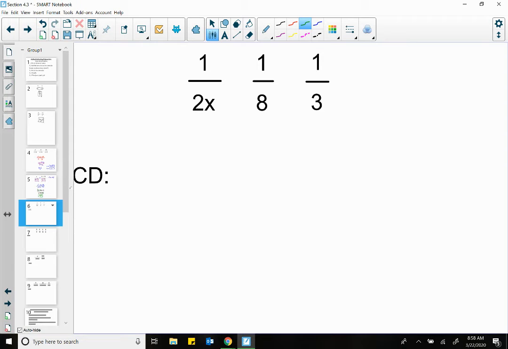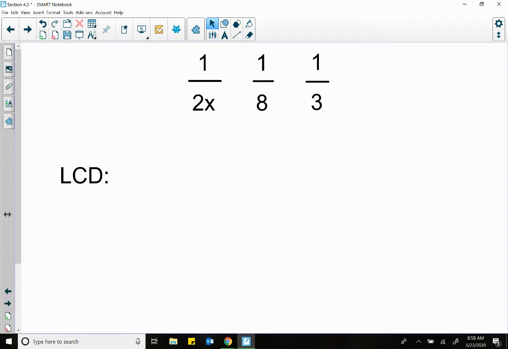I believe I have 4 of them here. Yep, 1, 2, 3, 4. I've got 4 problems where I want to work on finding the least common denominator, because now that we're dealing with polynomials, it's a little different than when you were trying to find the least common denominator between like 1/3 and 1/2. Okay, there it's just numbers. So I want to talk about what we do with polynomials.